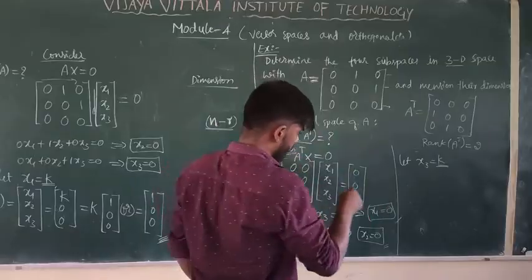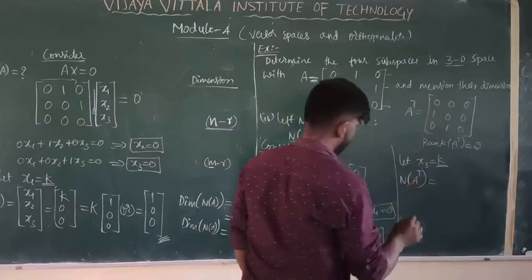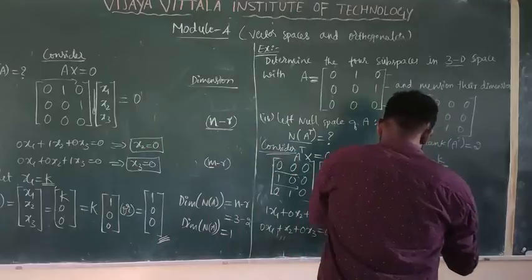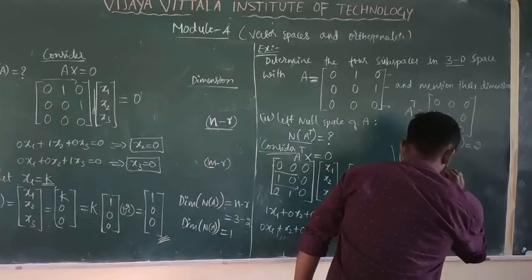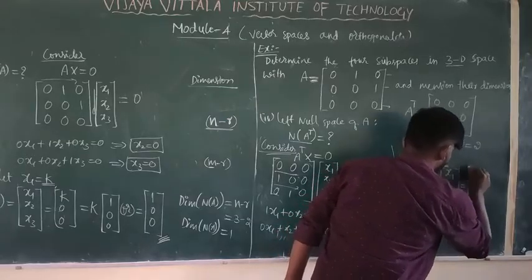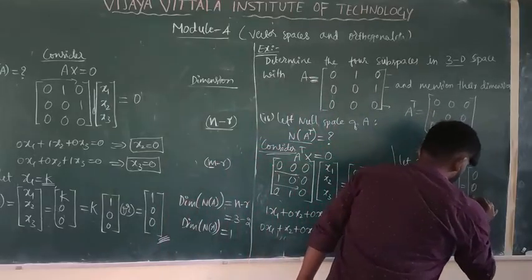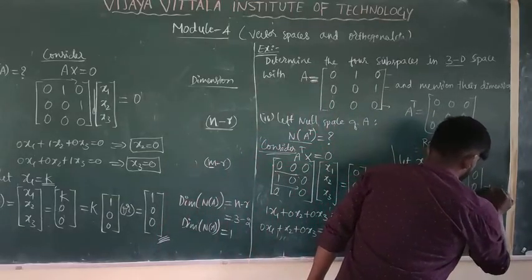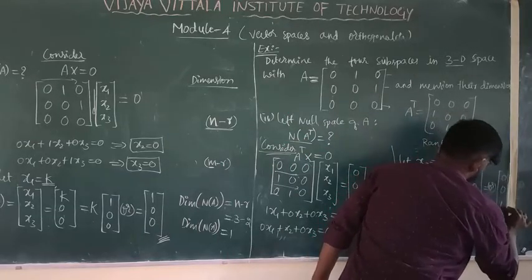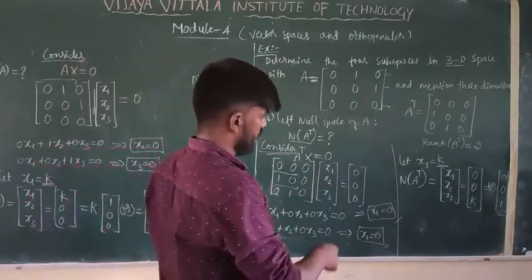Therefore, we get the null space of A transpose, which is nothing but the left null space of A. The left null space of A is the column vector x1, x2, x3, where x1 is 0, x2 is 0, x3 is k, so we write it directly as 0 0 1, with k some constant. This is the left null space of A.